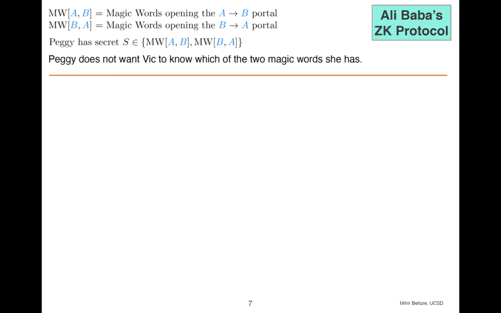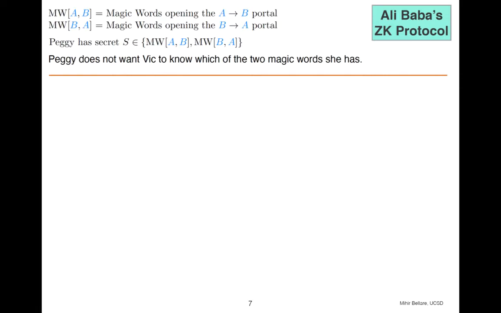So as per the story, remember that it's about there being some kind of portal with a door, and there are some magic words that allow you to open the door. If you speak these words, the portal opens. And the way we're going to look at it is that the portal is two-sided.